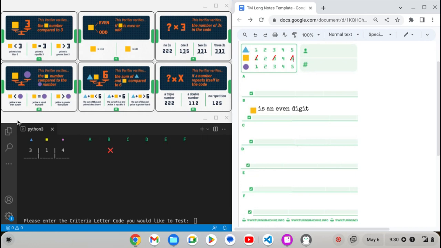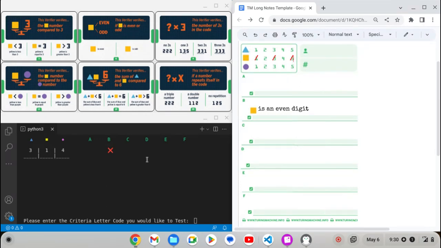I'm a little tempted to test A and figure out what square is, but I also want a little variety of clues to help me eliminate possibilities for triangle and circle. So I believe I'm going to test the sum of the triangle and the square.